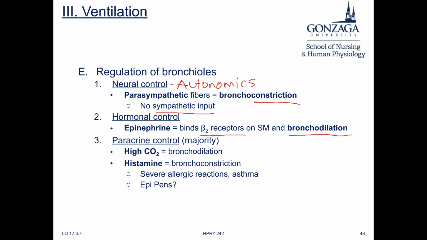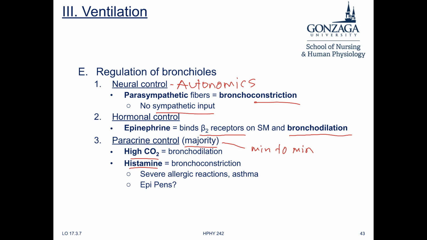The last one, and I have right here majority, so this is the majority of control or the majority of regulation of the bronchioles, and what I mean by that is minute-to-minute, second-to-second regulation, mostly done by paracrine control. And a couple of paracrines or chemicals that I want to discuss: high carbon dioxide and histamine.